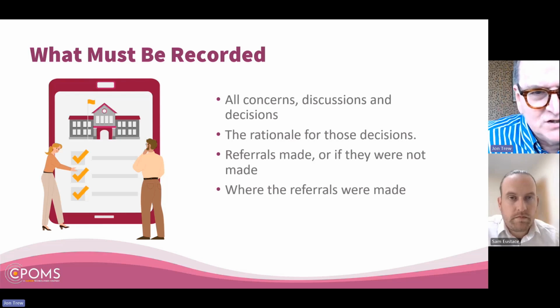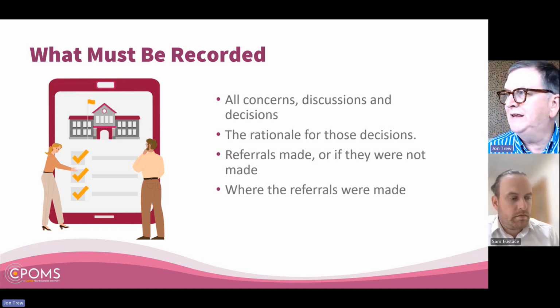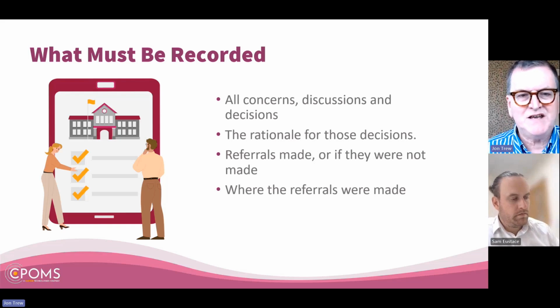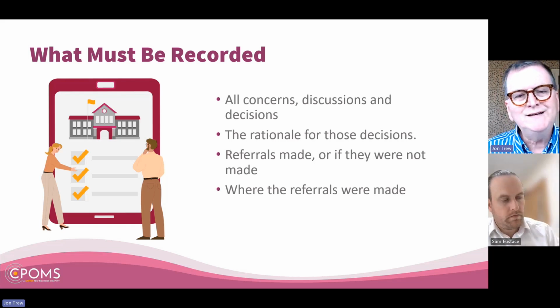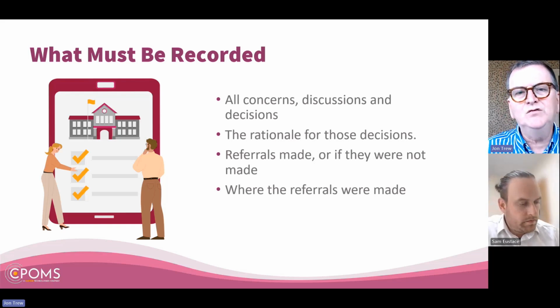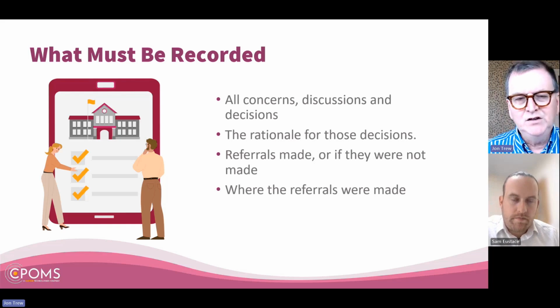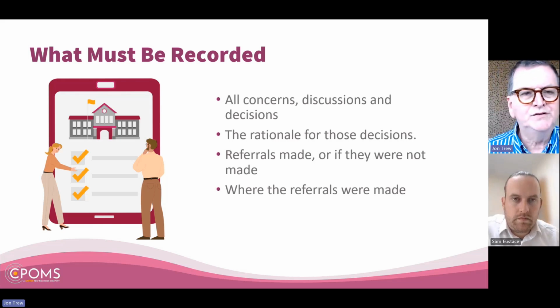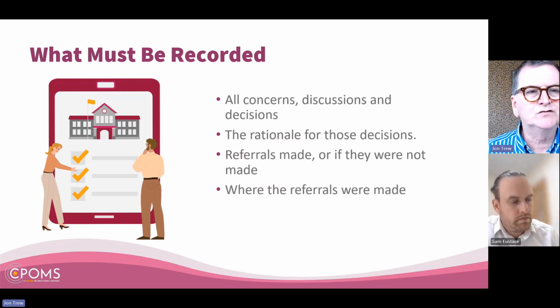When I speak to teachers, a lot of them worry about that, but really, I think it only requires a sentence or two. And what it does is demonstrate that you've considered why you've decided to make a referral or not.